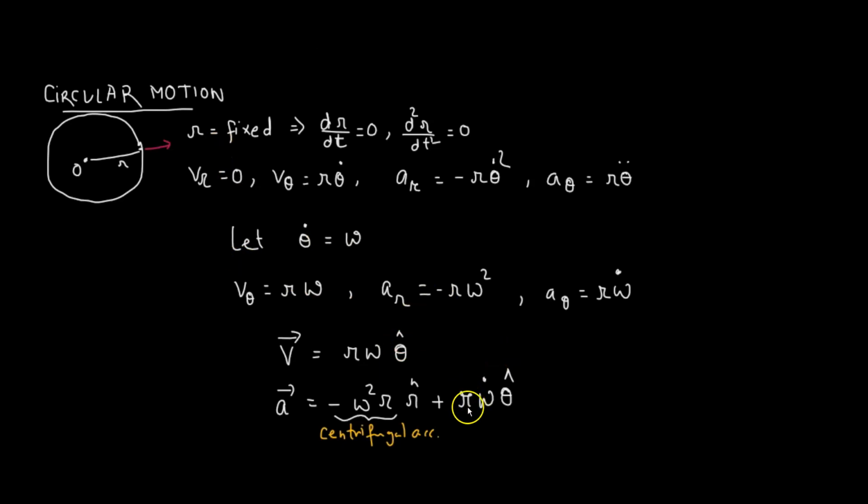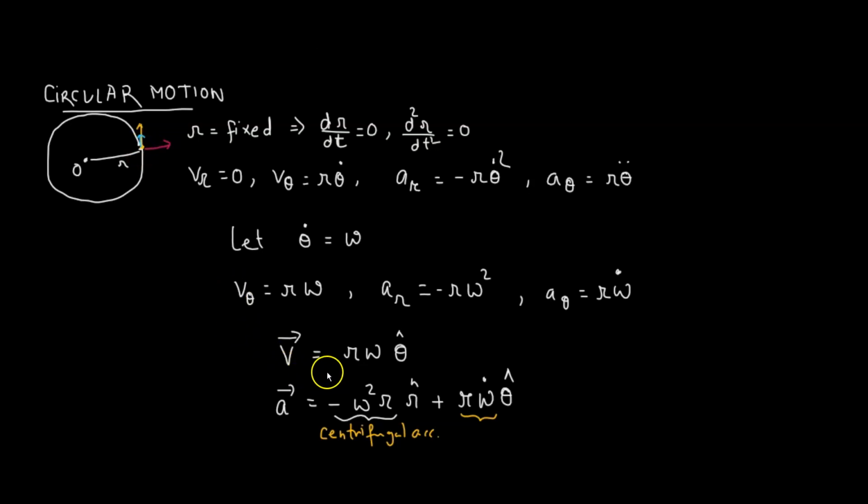And we have the angular part, r omega dot, which will be tangential to the path at that particular point. The velocity is along the tangential or angular direction, meaning only v of theta is present. For the velocity, there is no radial part.